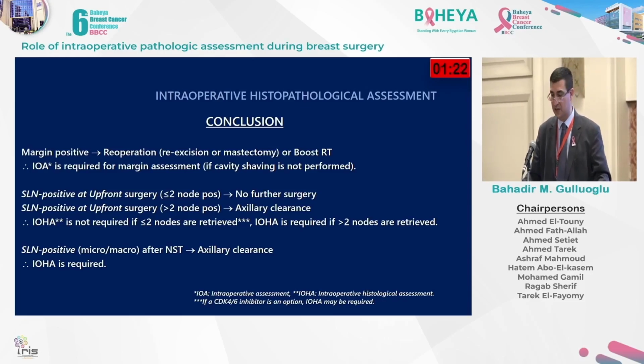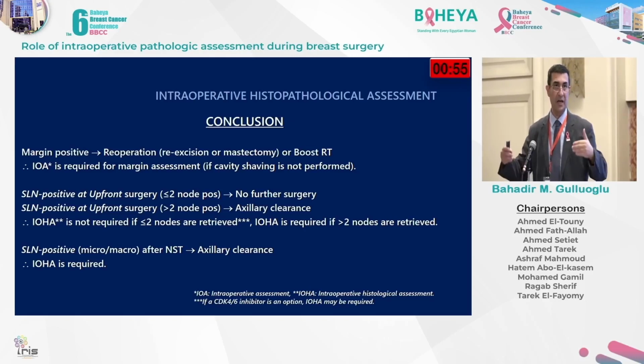As you can see, I didn't show you too much evidence on this. This is more on a practical basis, and it should depend on your institutional agreement with your pathologist as well as your radiologist, because your radiologist's report is also important here. Why? Because if, for example, the axilla is normal by ultrasound or by MRI or by mammography, and then the pathology report is negative, you can depend on this.